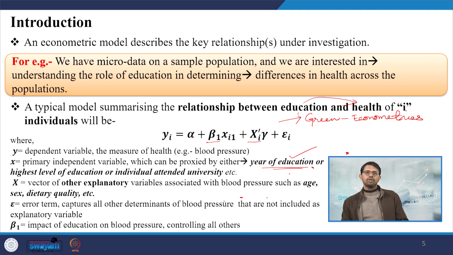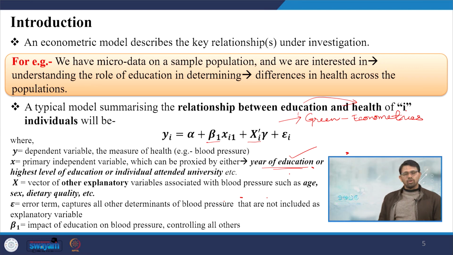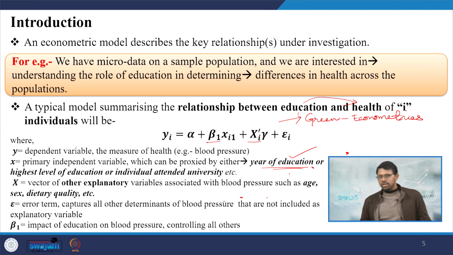Then another set of control variables is also required. Those are simultaneously impacting healthcare along with education. There are multiple relationships. Yes, we just said these, but that does not mean others are not impacting. These are also impacting, hence we need to cross check how these have some relationship with each other.